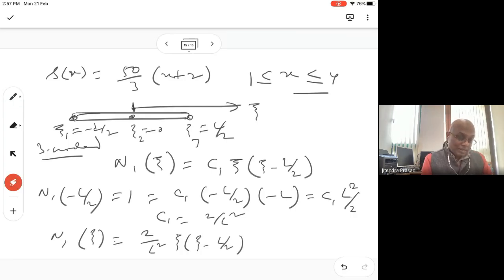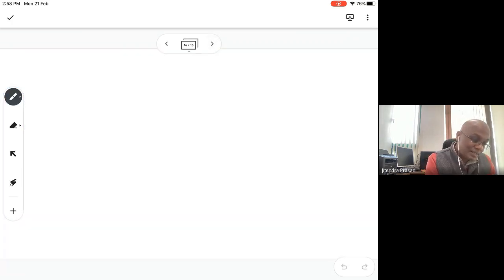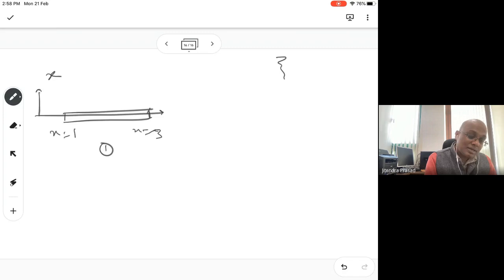So this N1 is defined for this coordinate system, not for x equal to 1 to x equal to 4. You know, so there is a confusion here, right? So accordingly, we have to convert. The same thing, we know that our x system goes like this, and then our element is x equal to 1 to x equal to 3, the first element.